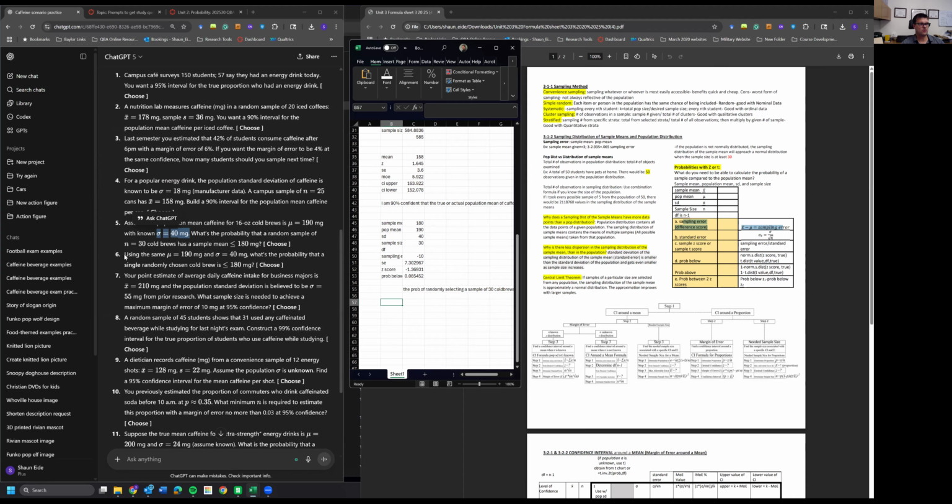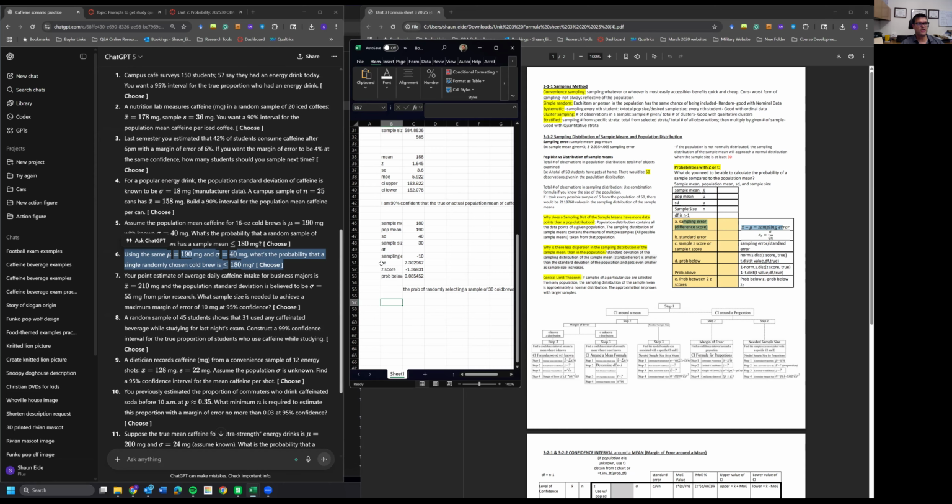So let's go ahead and go to number 6. Using the same standard deviation, what's the probability that a single randomly chosen cold brew is 180 milligrams or less? So doing the exact same thing, what's the probability of a single one? Remember what we talked about earlier: if you have a single observation, it's going to be slightly different.